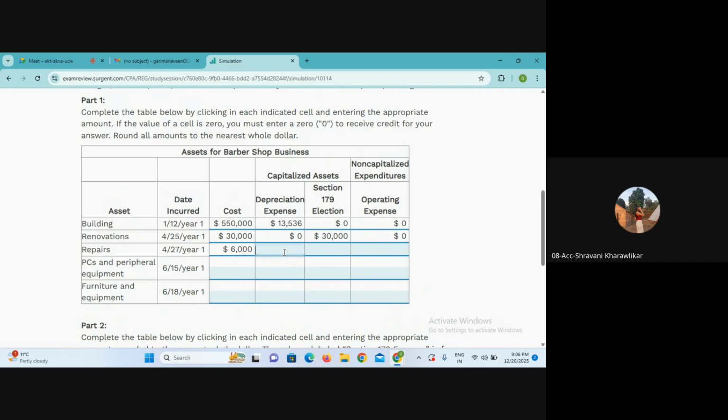Ma'am, non-capitalized. यस, सो दैट मीन्स ये आपका एक्सपेंसेस में चला जाएगा। और कैपिटलाइज तो करते नहीं, तो फिर आप कोई डेप्रिसिएशन या 179 क्लेम भी नहीं होगा. Got it, ma'am.